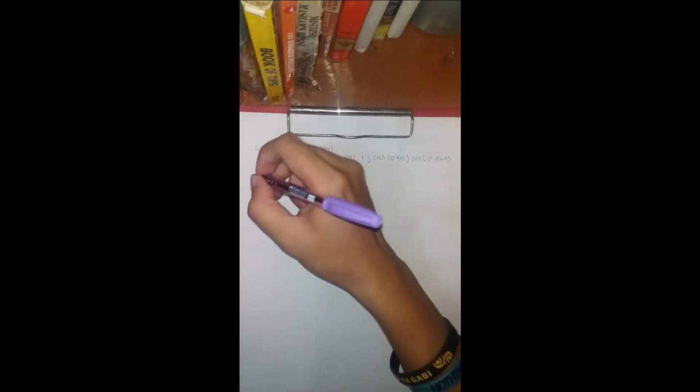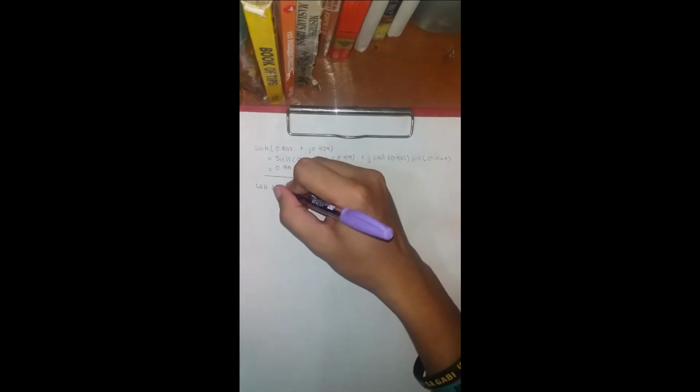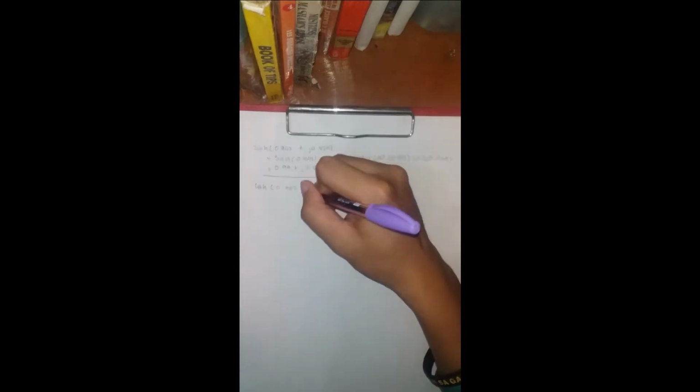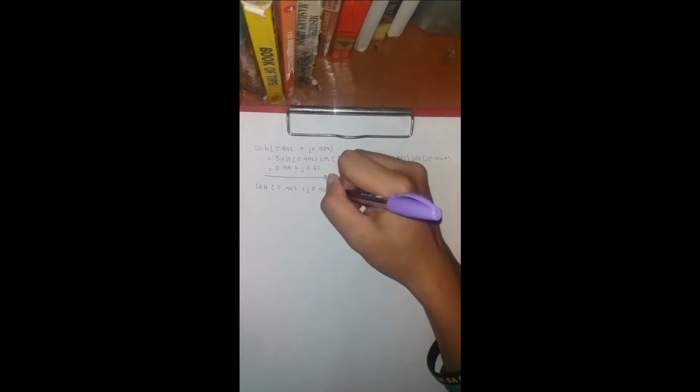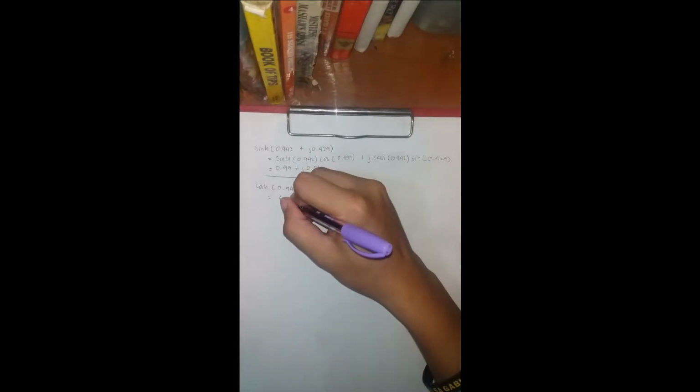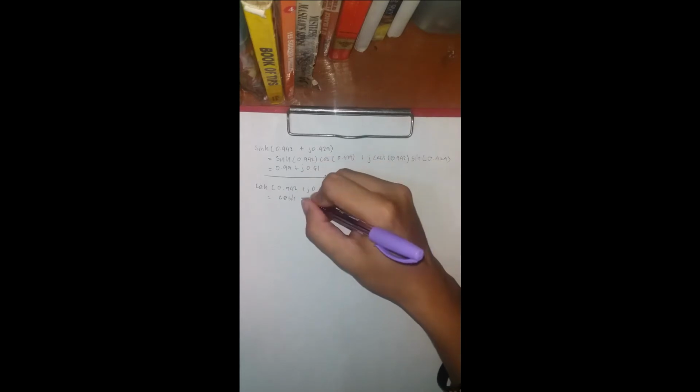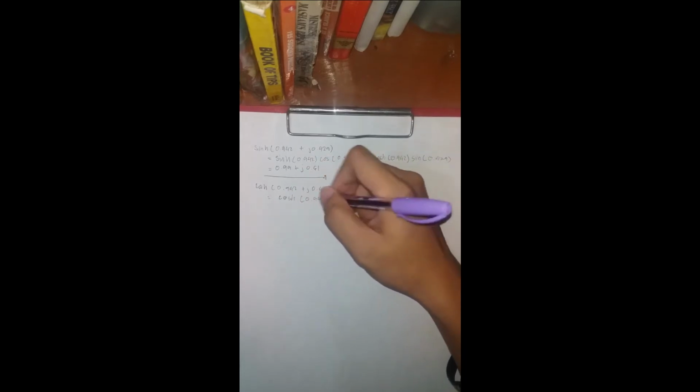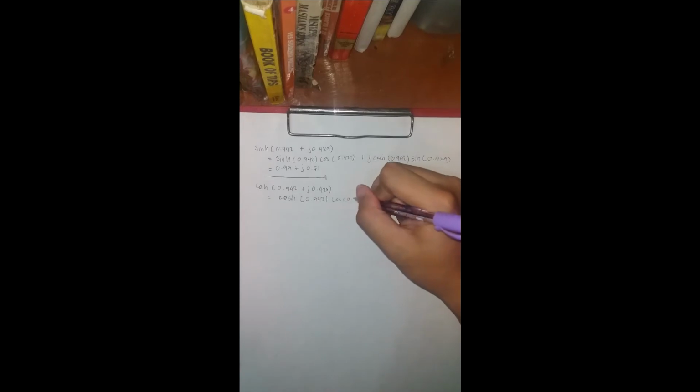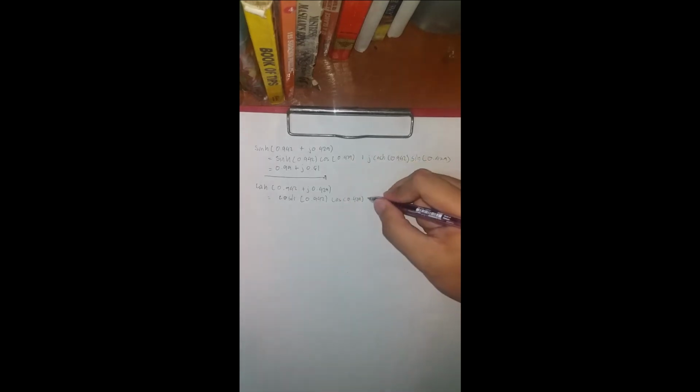Next, we have the cos hyperbolic of 0.942 plus j 0.429. In this case, we know the formula. The formula here is the cos hyperbolic of 0.942 times your cos 0.429 minus, this will be sinh of 0.942 times sine of 0.429.